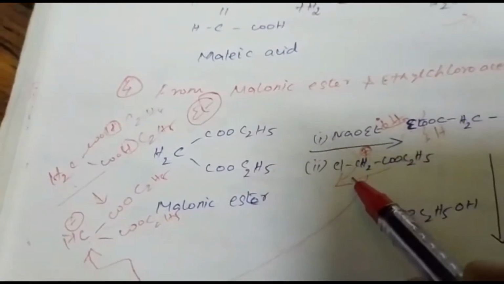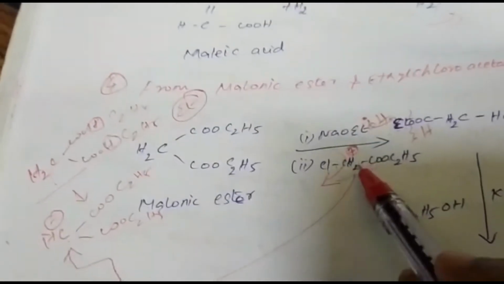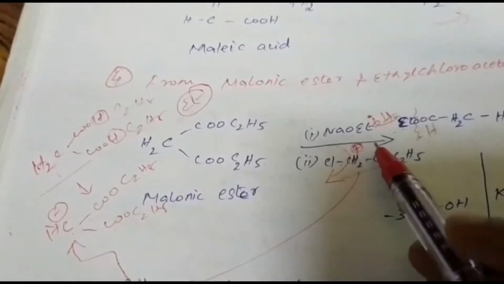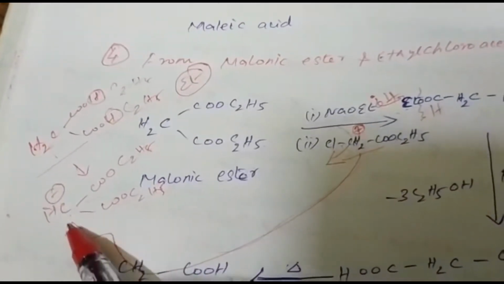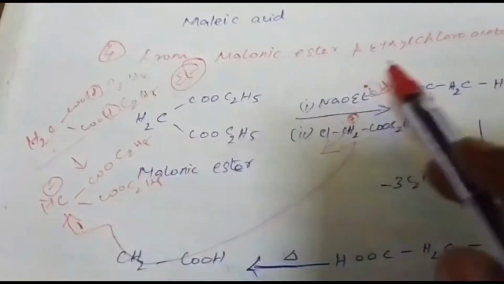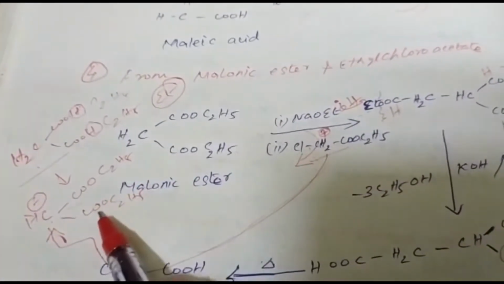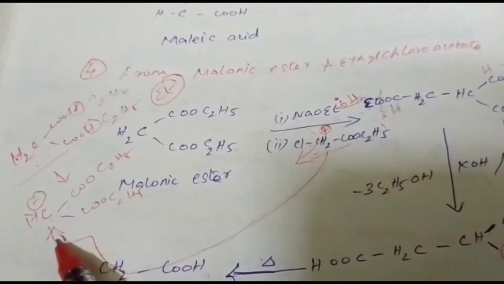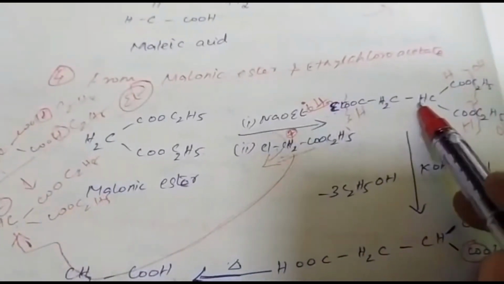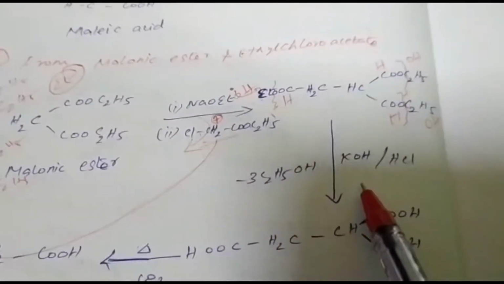In ethyl chloroacetate, the Cl is removed as Cl minus, so this carbon gets a positive charge. So this positive part is attached to this negative part. So the product is CH(COOC2H5)2, and this part is added to this carbon atom, to get CH2COOEt.